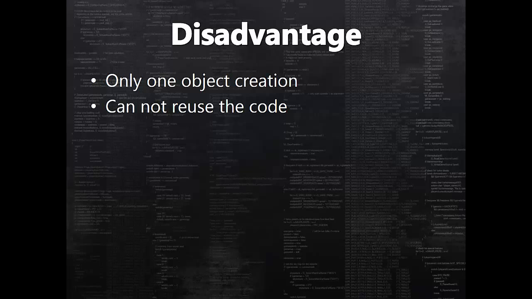You cannot reuse that object, or that code, for any other purpose. So if you would like to reuse the code, you should stick to the first method where you create a separate class and use the object of that class.